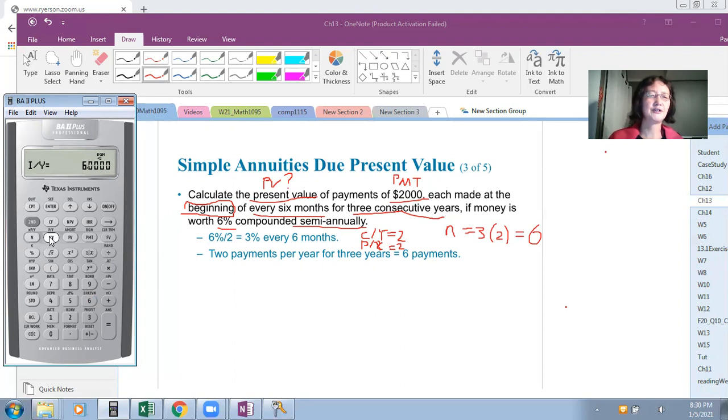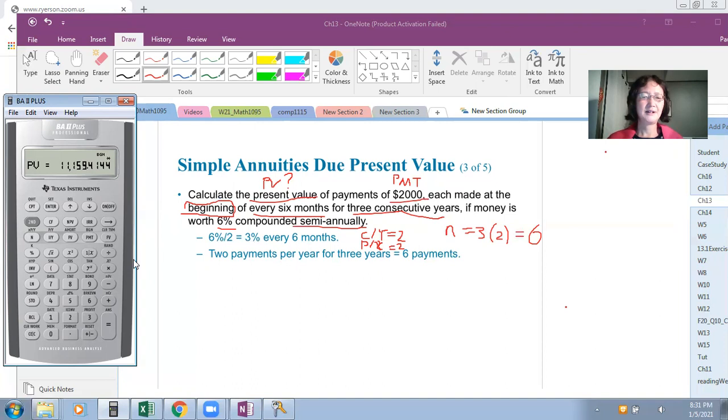So you enter these numbers and make sure 0 is FV. Last step, compute PV, present value. So this is the number we get from the calculator.